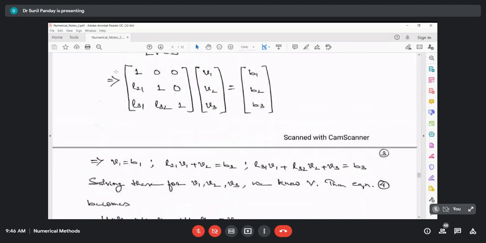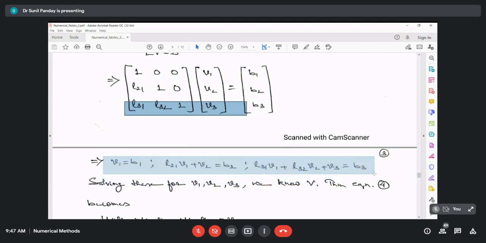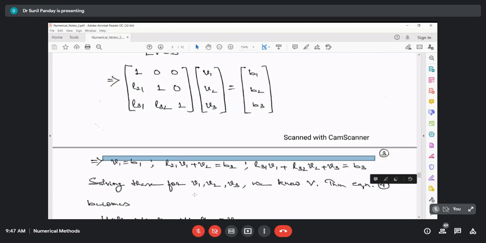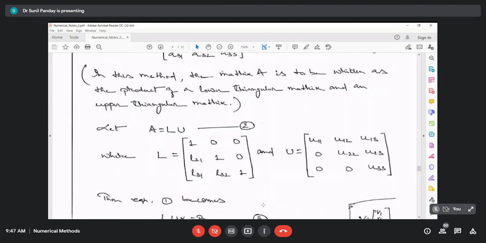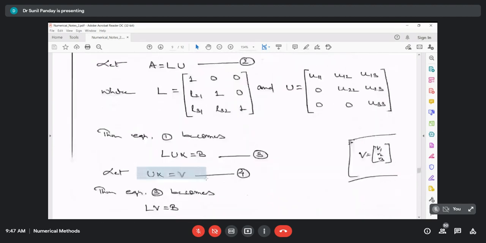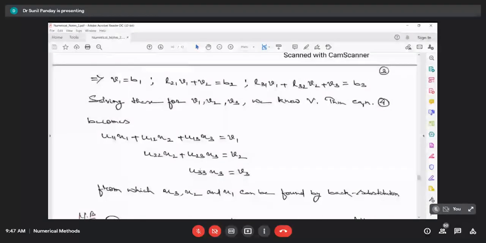If all the L entries are known to me, then V1 equals B1, V2 equals this one, and after simplification, similarly V3 can be calculated from these three equations. So V1, V2, V3 can be obtained easily from these three equations, and then the values of V are known to us, and we substitute them in the UX equals V equation, like this one.